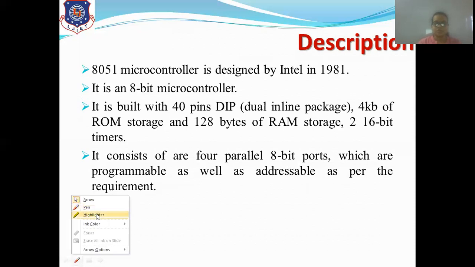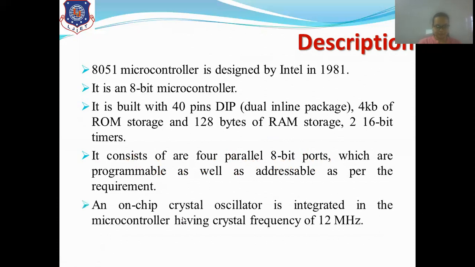Clear? So it consists of 4 parallel 8-bit ports, that is P0, P1, P2 and P3, all having 8 bits, so 32 lines, 32 pins for IO ports, which can be programmable as well as addressable as per the requirement. An on-chip crystal oscillator is integrated in the microcontroller, having a crystal frequency of 12 megahertz.